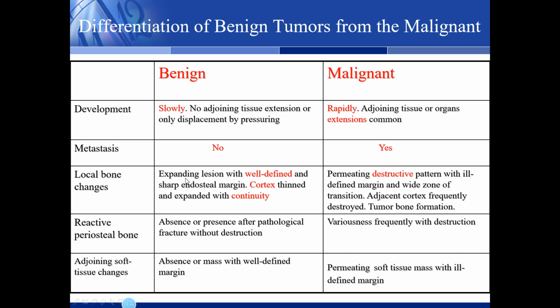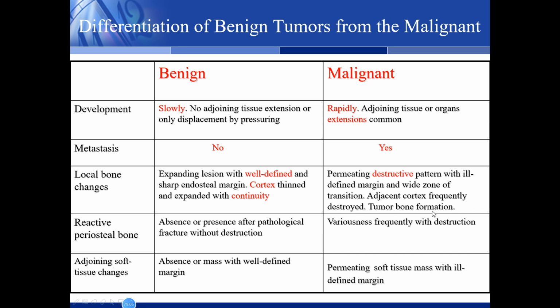Local bone changes in the benign tumor: an expanded lesion with a well-defined and sharp endosteal margin, with the cortex thin and expanded but continuous. In the malignant tumor, a permeative destruction pattern with ill-defined margin and a wide zone of transition. The adjacent cortex is frequently destroyed.